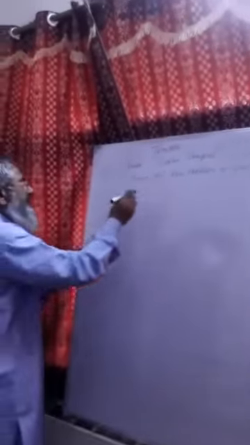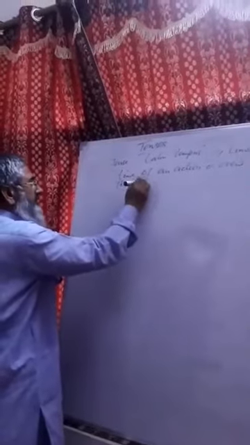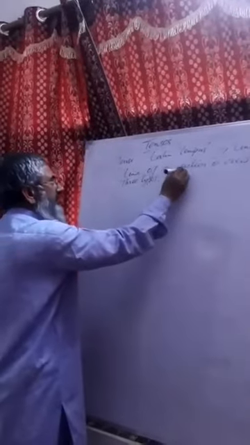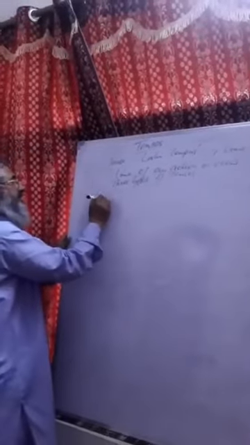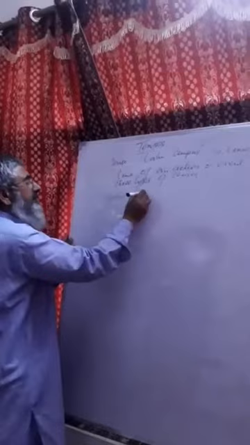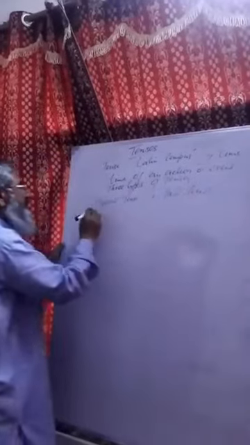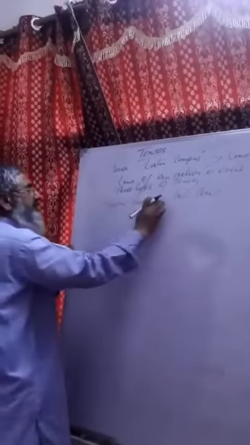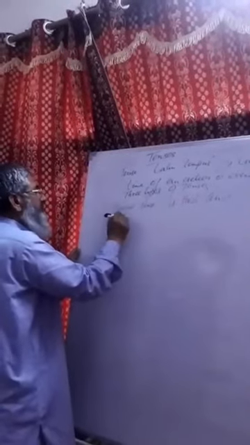Now there are three types of tenses, which are number one, present tense, number two, past tense, and number three, future tense.